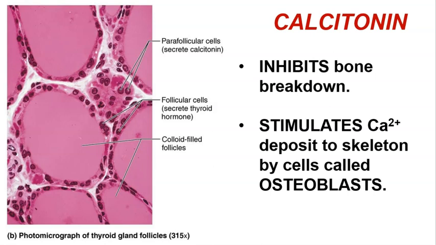We see that it also stimulates cells called osteoblasts within the bones to build bone minerals. So these cells will use some of that calcium from the bloodstream to build new bone tissue minerals.